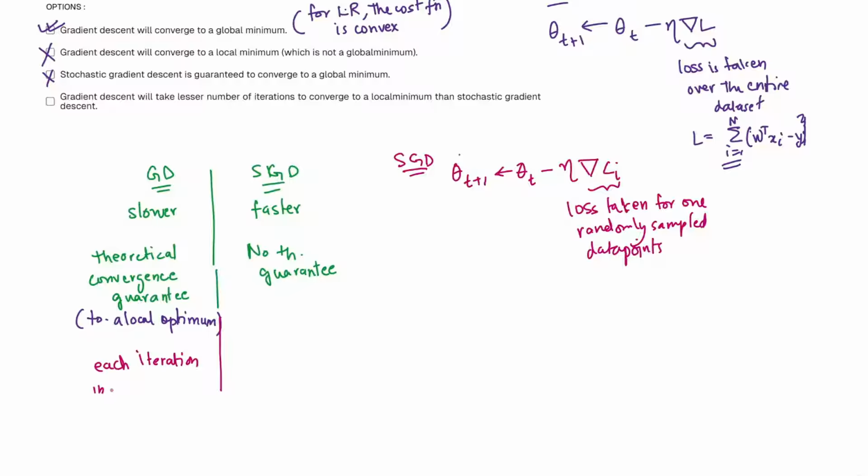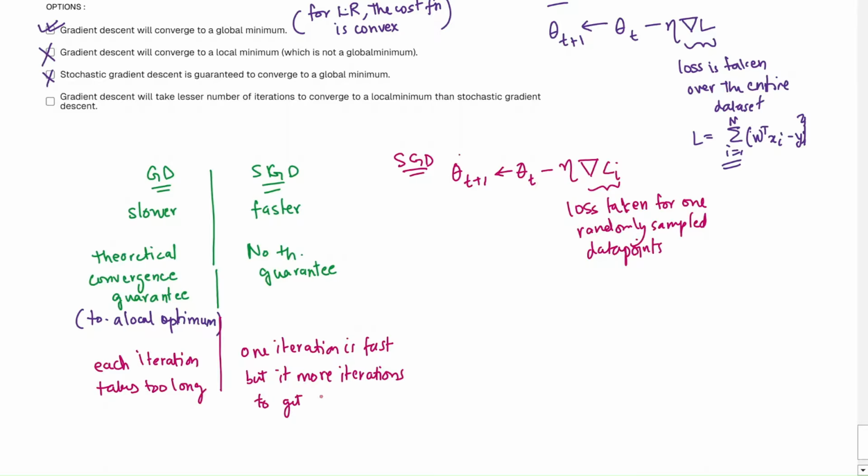On the other hand, in case of SGD, one iteration is very fast, but it takes more iterations to get a good approximation.